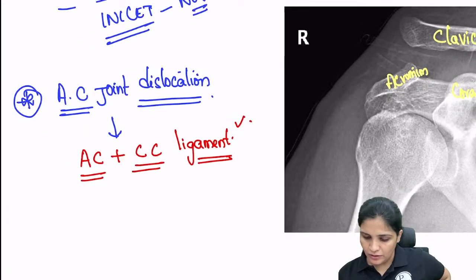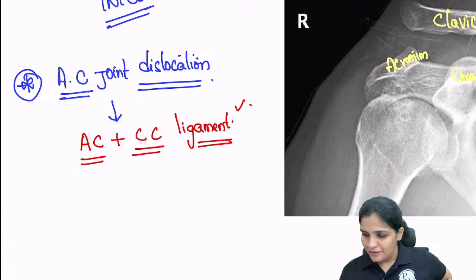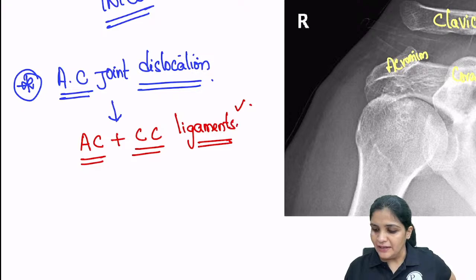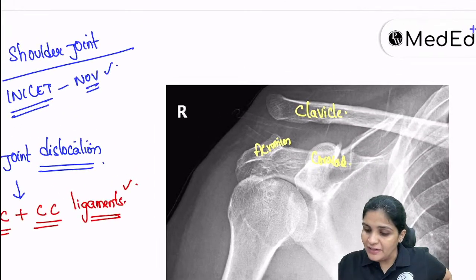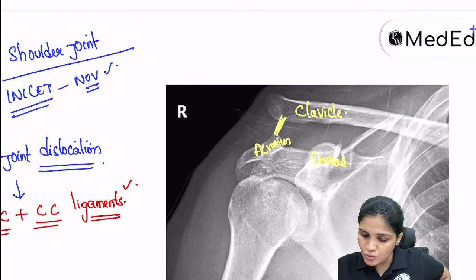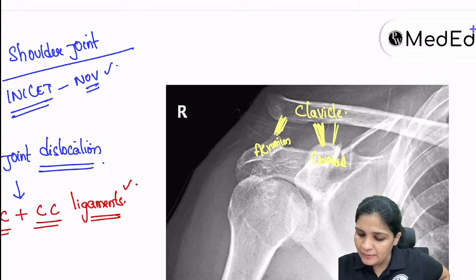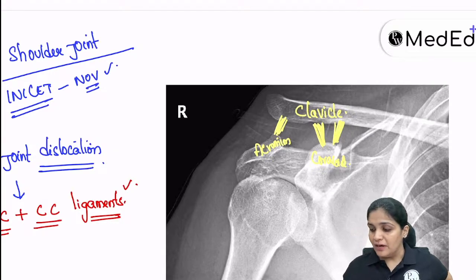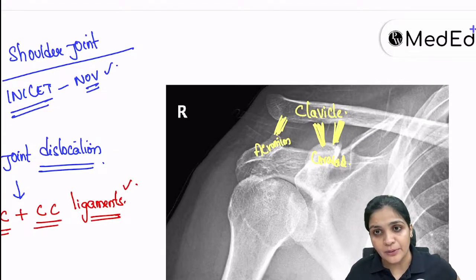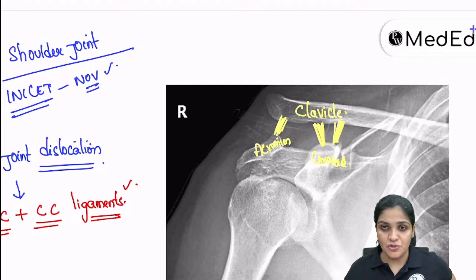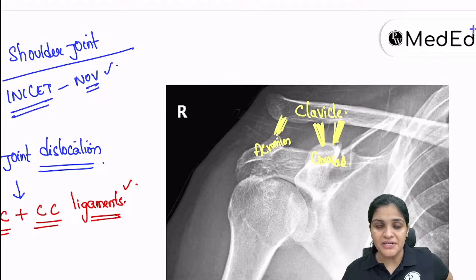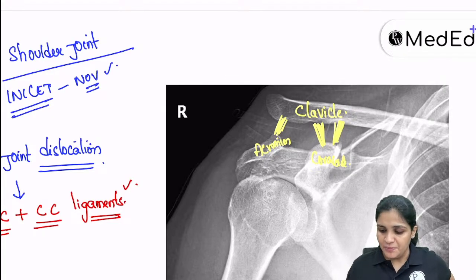Yes, the claviculoacromial, very good. So these are the two important ligaments. The acromioclavicular ligaments are present between these two, and there are coracoclavicular ligaments also. If you remember from anatomy, there are the conoid and trapezoid, two important ligaments, and the AC ligaments.